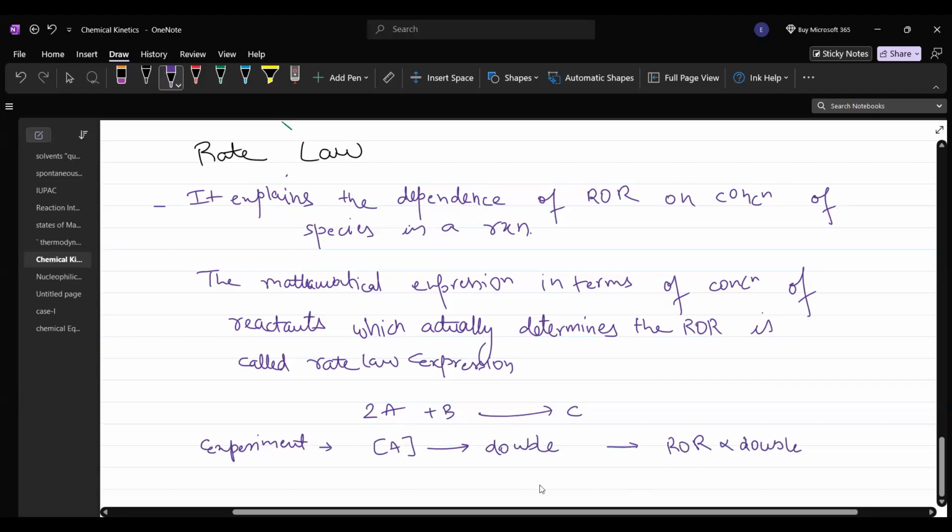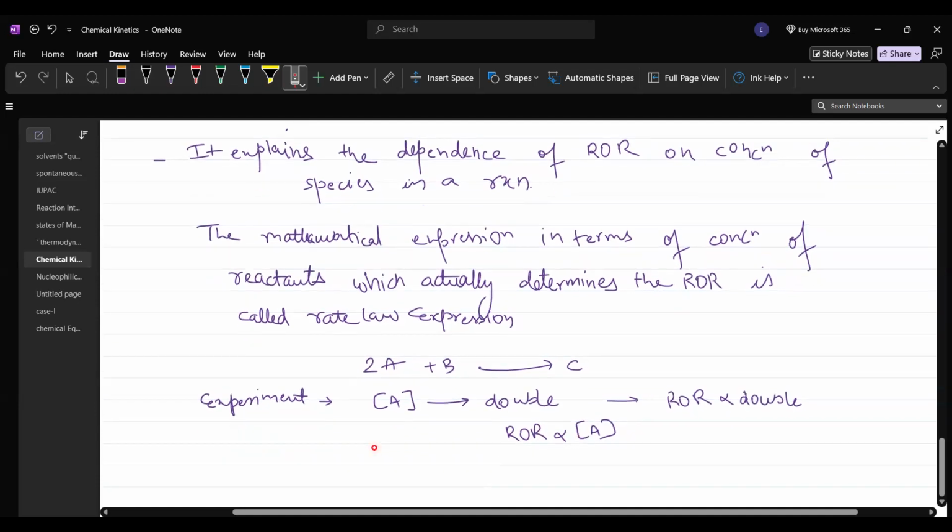So we can say that rate of reaction is proportional to A. Can you observe that the stoichiometric coefficient here is 2, but for rate of reaction we are writing directly proportional to A, not 2A or A square? Why? Because it is experimental.